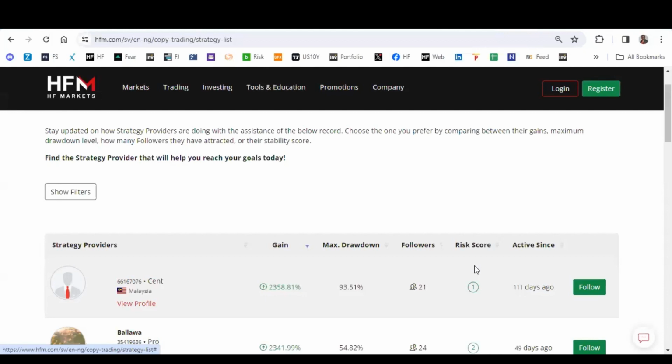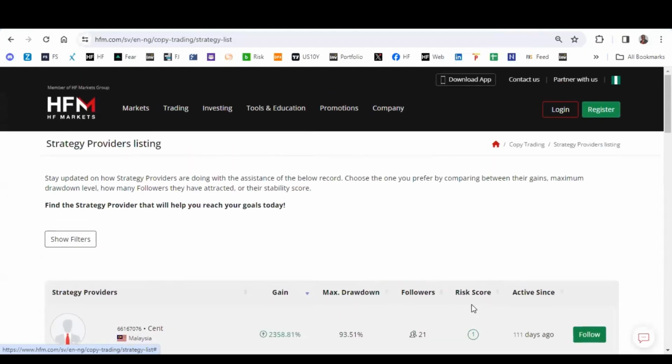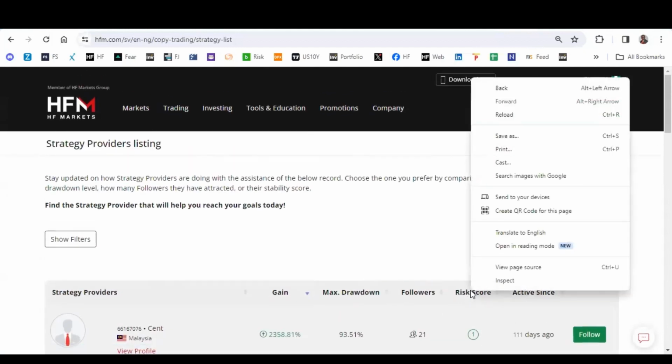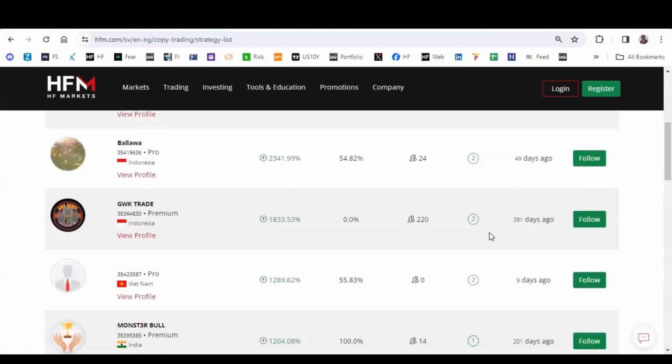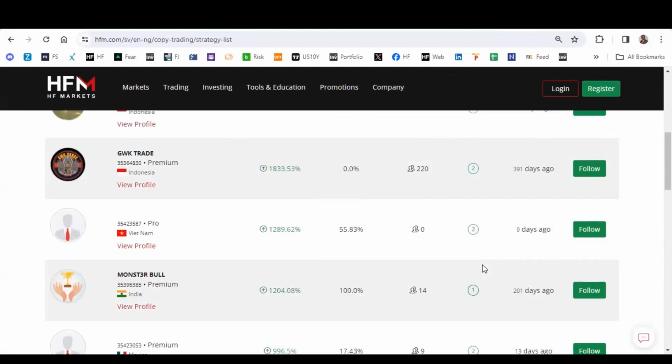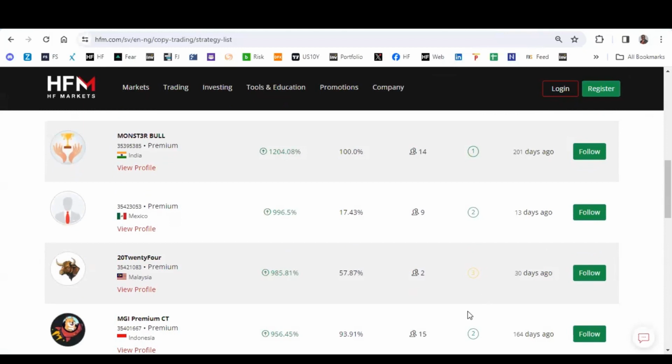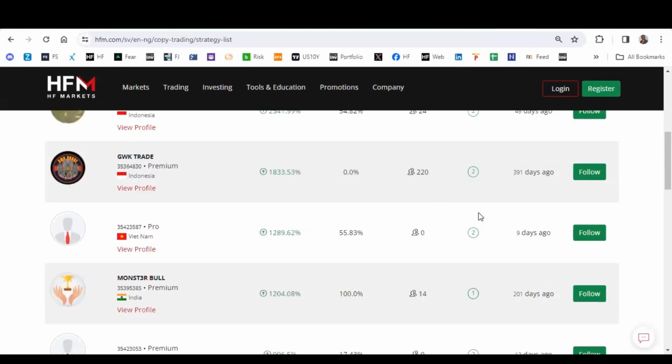Right now, it's ranked 1 to 5, 1 being the best risk score and 5 being the least best. So when following somebody, you want to follow somebody around 1 to 2 risk score. Those are the best performance in terms of the risk score.